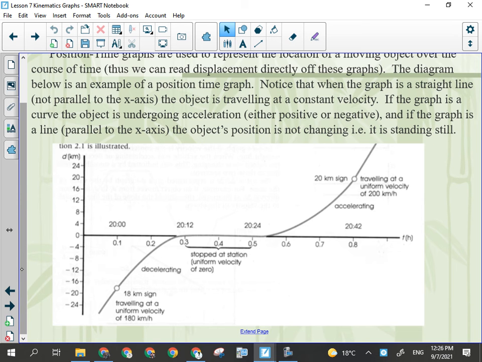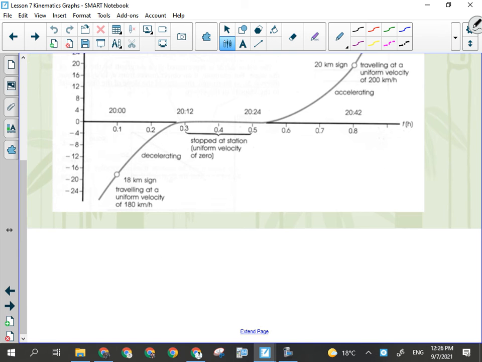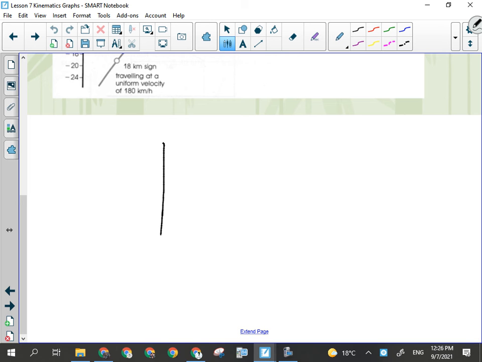This is something we would have gone over in Science 10. So I've got a position versus time graph, and I have just a diagonal line like this. The position is changing over time, and even more importantly, it's changing at a constant rate.